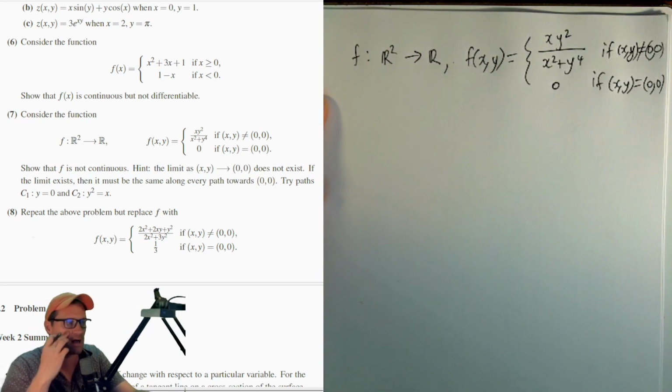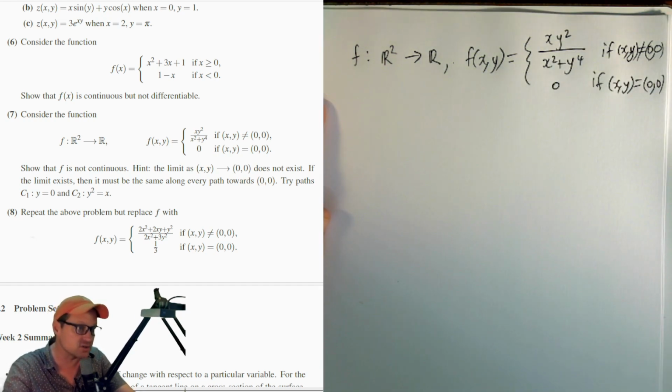Okay, and so we're asked to show that f is not continuous. So the hint says the limit as x, y approaches 0, 0 does not exist. If the limit exists, then it must be the same along every path towards the point 0, 0. So we've got to show that along 2 different paths, y equals 0 and along y squared equals x, we do not get the same limit.